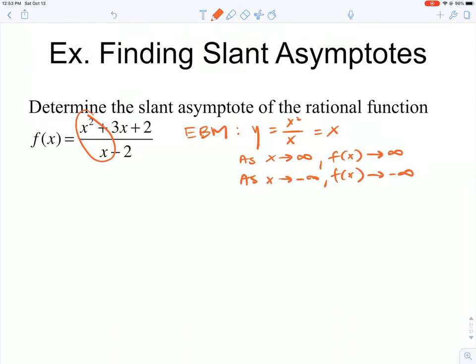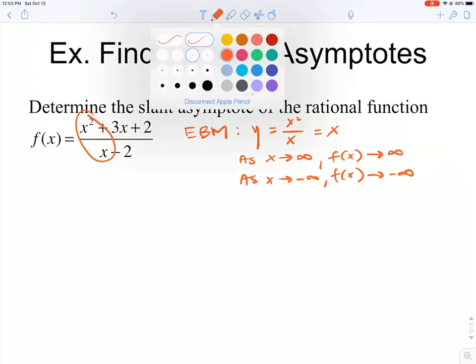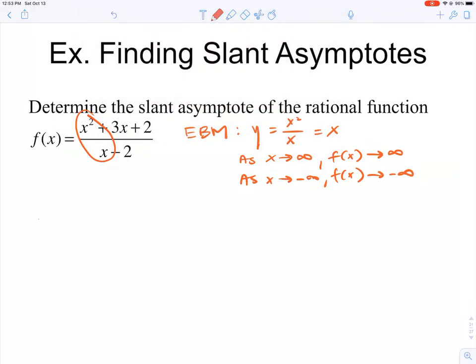But our end behavior model is not the equation of the slant asymptote. So we know that there's going to be a slant asymptote, but we need to do some work. So let's rewrite the function f of x by doing some long division.